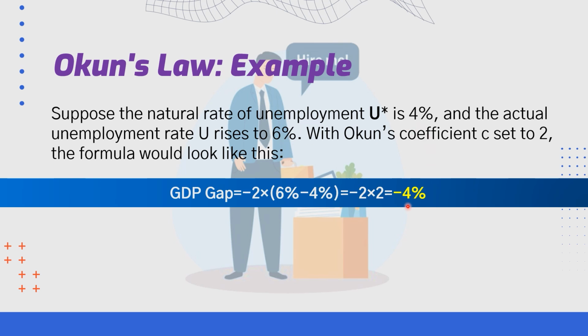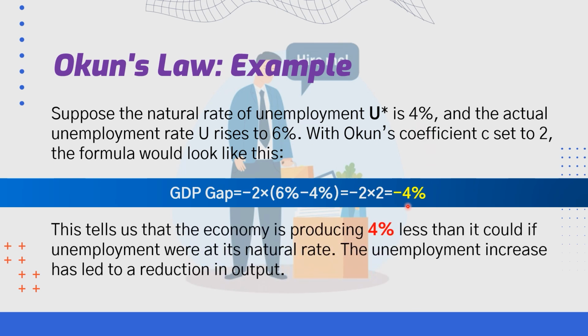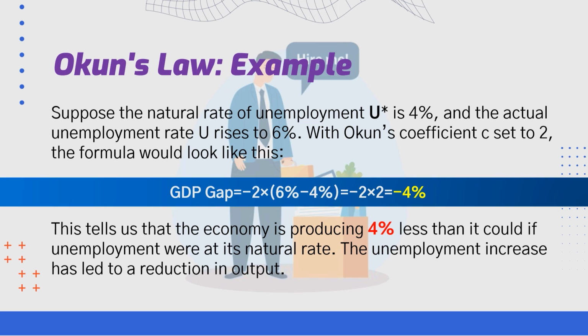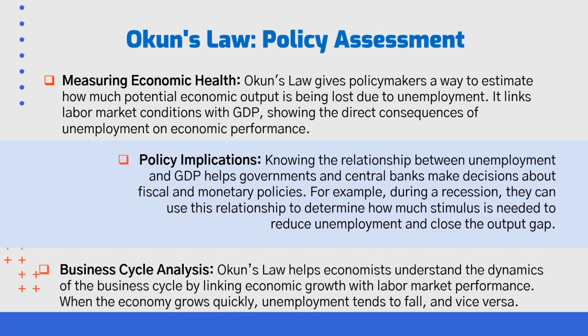In this case, we can interpret this result in the following way. The economy is producing 4% less than it could. So the economy is underutilizing resources. In other words, the country is in a recessionary gap. Typically, Okun's law is utilized by policymakers to estimate how much potential economic output could be.